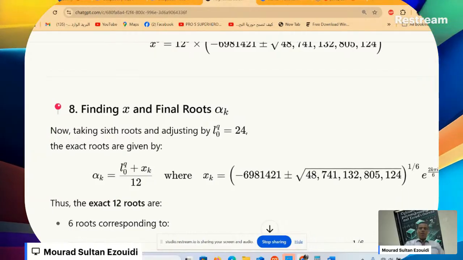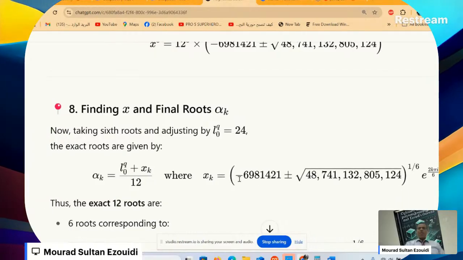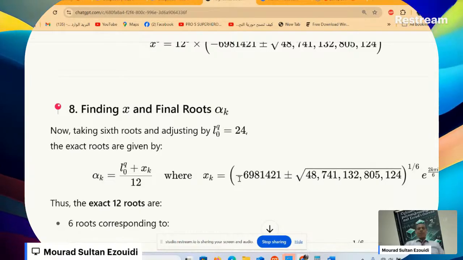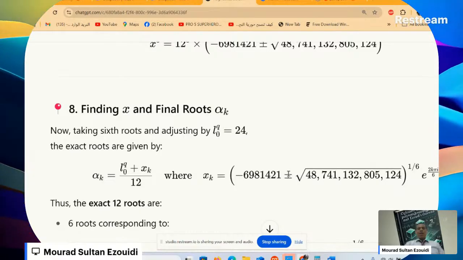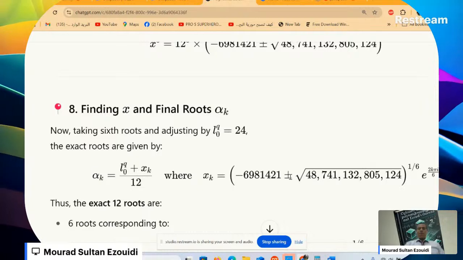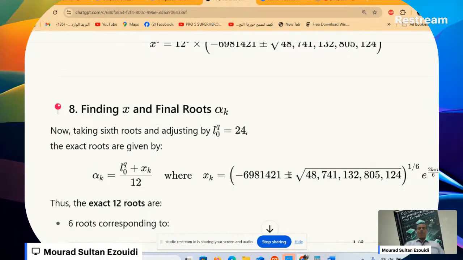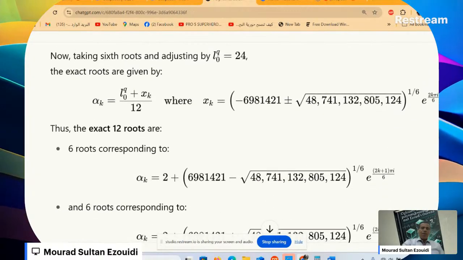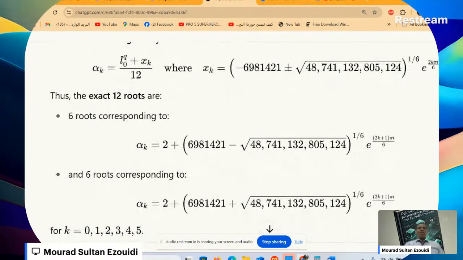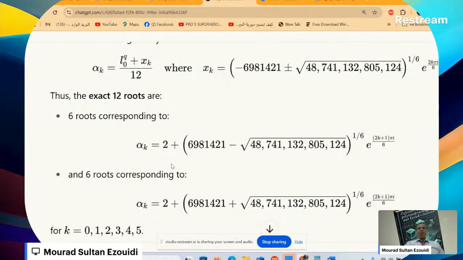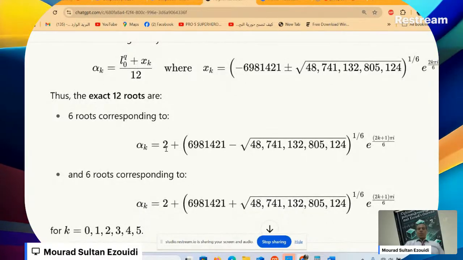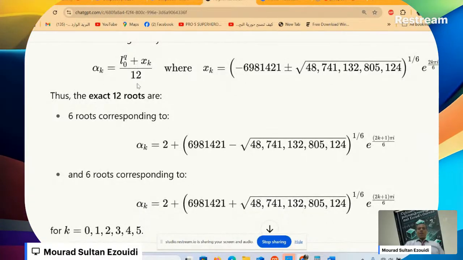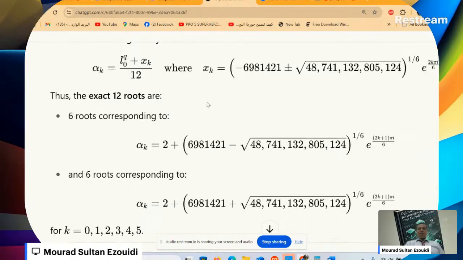Okay, then you see this minus 1, you can write as exponential I pi. Okay, and this one comes up, minus down will be pi. This is no difference, will remain no difference. Okay, so here the exact 12 roots are 6 roots corresponding to alpha subscript k equal 2 because 24 divided by 12 is 2.